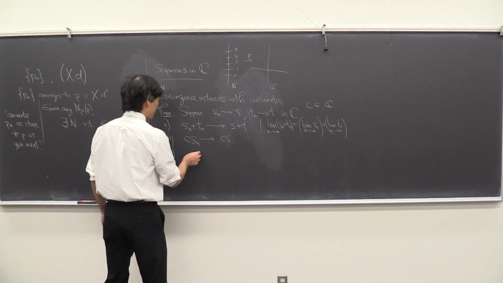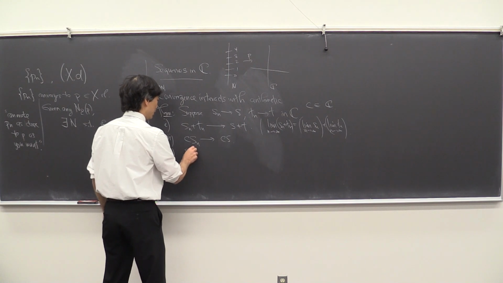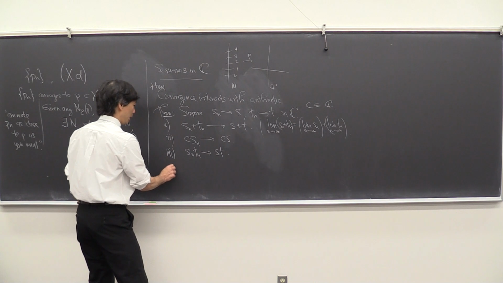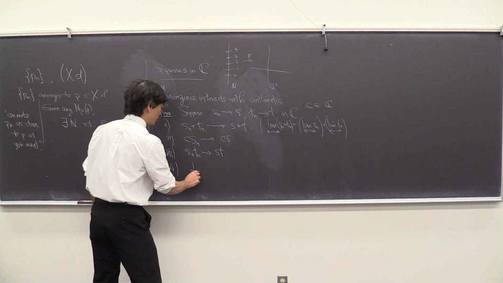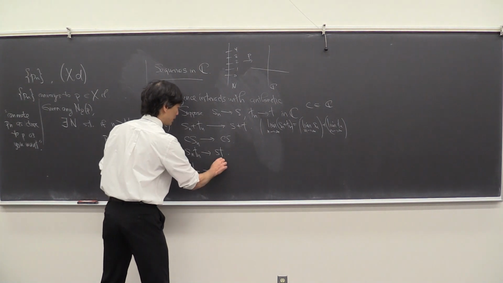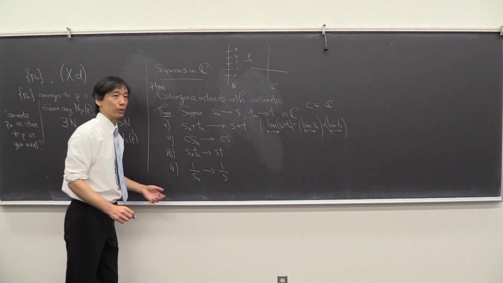Third, if you take the product, it converges to the product of the limits. And the fourth, if you take the reciprocal of a sequence, then it converges to the reciprocal of the limit.